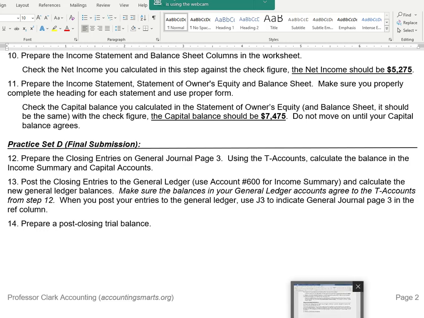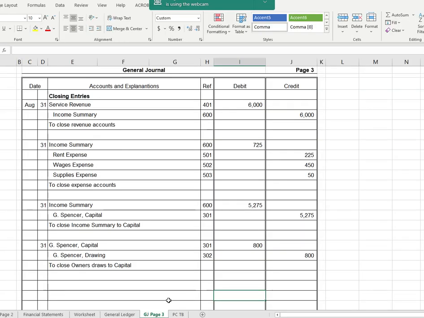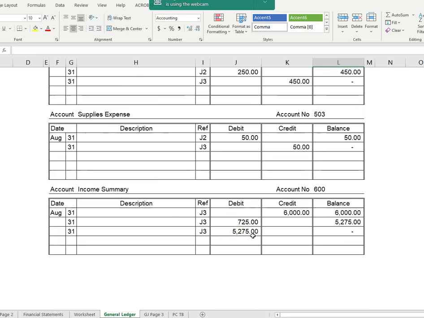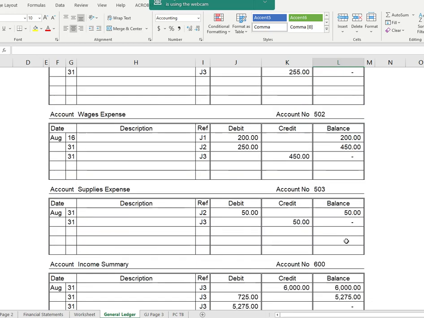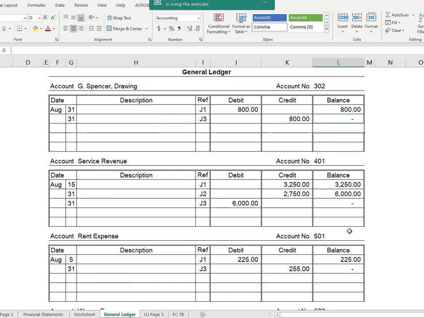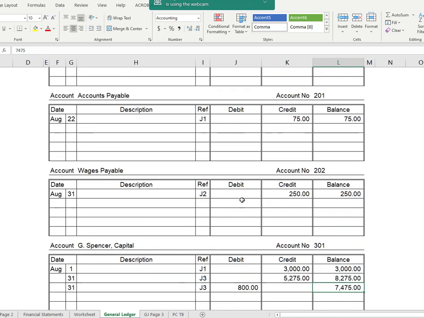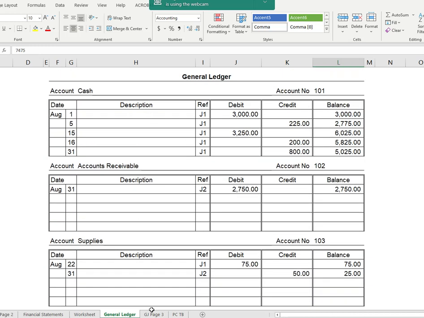So now if we look in our general ledger, all of our temporary accounts, which are at the bottom, all have zero balances, 0, 0, 0, 0, 0. At the capital account, it ends at $7,475.